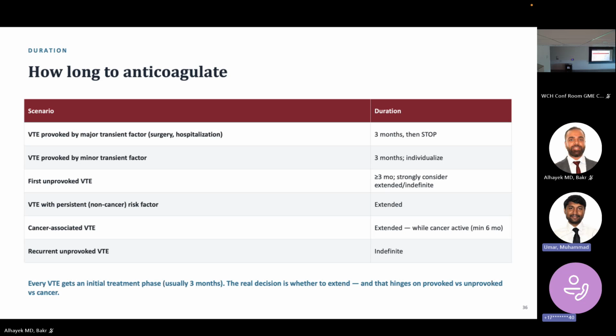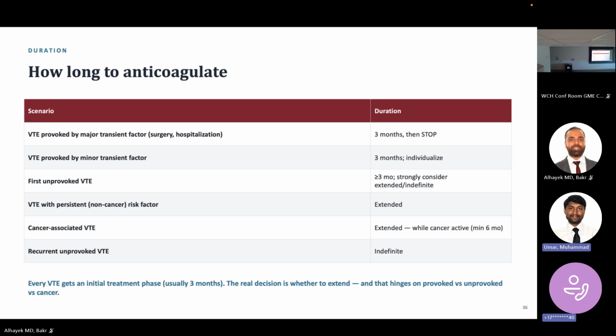So this is where people studied: okay, now I have a DVT in a patient with cancer. I treated for 3 months, 6 months. What is the effect of extending this therapy for 12 months after full treatment, but at a reduced dose? This trial was called API-CAT.